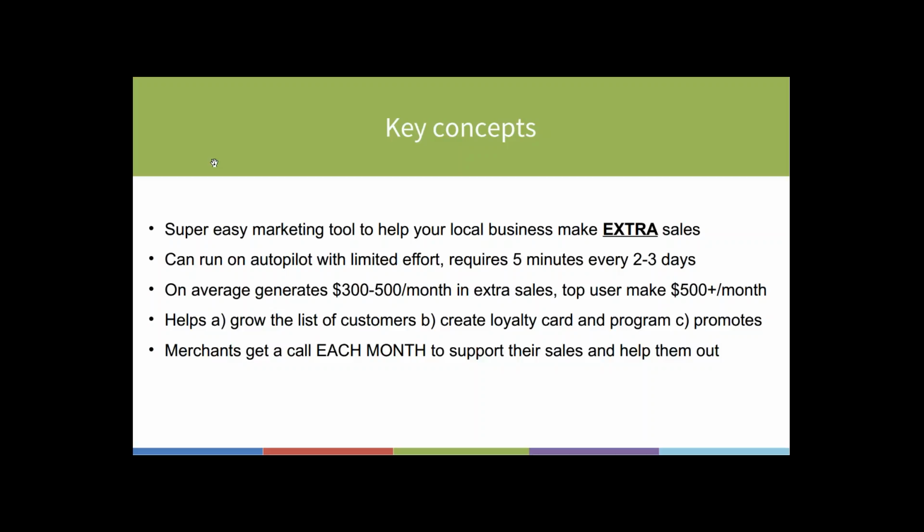That means that you tell the system to send, let's say, a 10% discount to customers for their birthday. You tell the system to send a 5% coupon to customers when they sign up for your offers, or if they have spent more than $100 or $200 in the last 30 days.